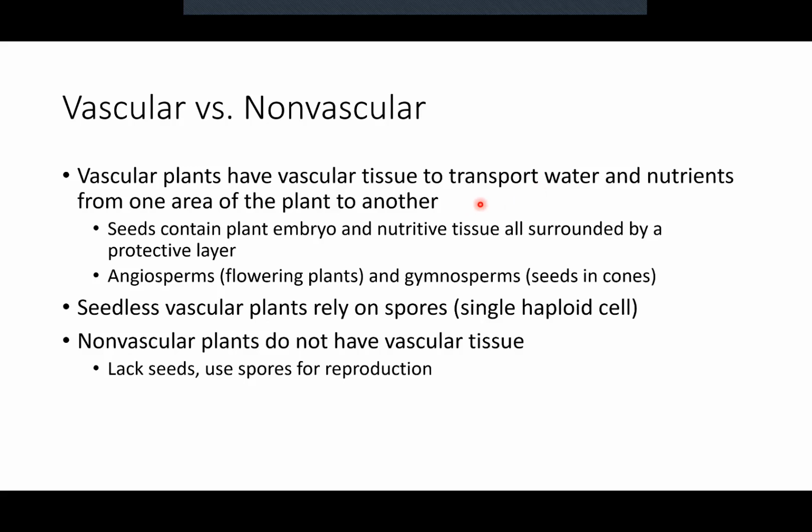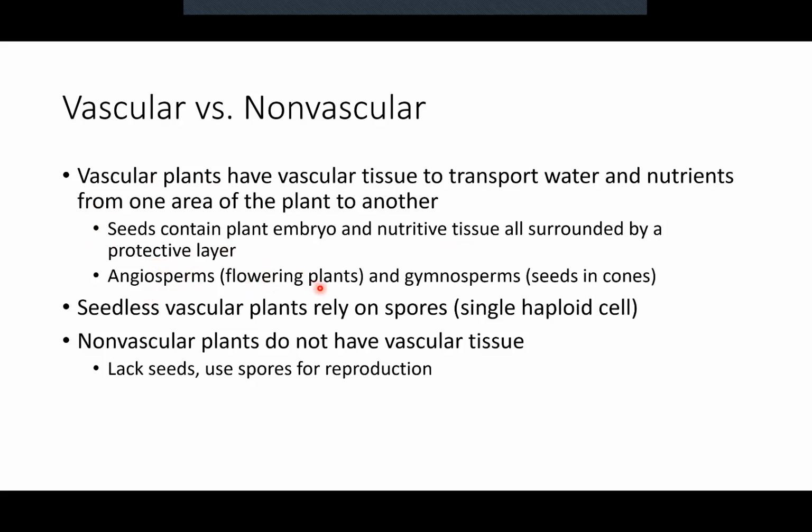So there's different ways that plants can do this. Seeds contain a plant embryo and nutritive tissue, all surrounded by a protective layer. And then we can break down the two types of vascular plants that use seeds.